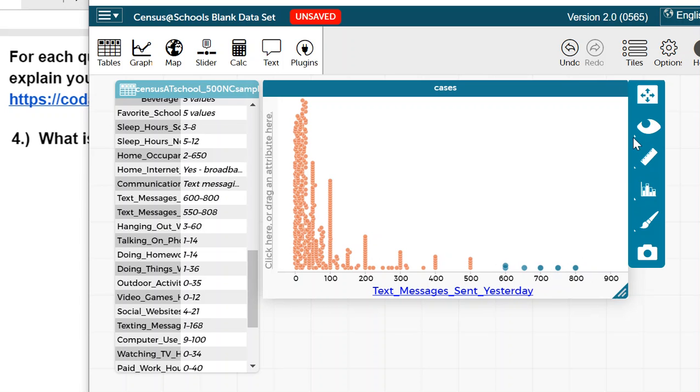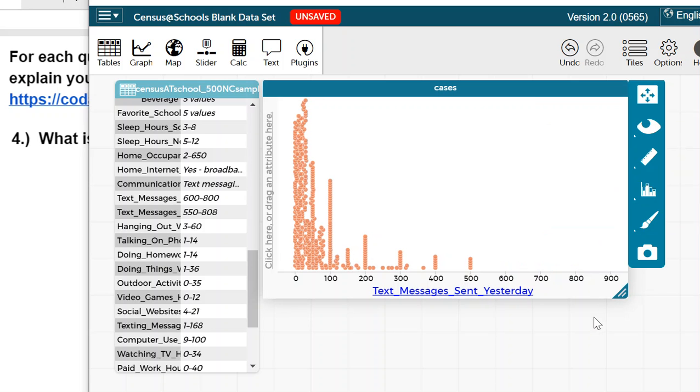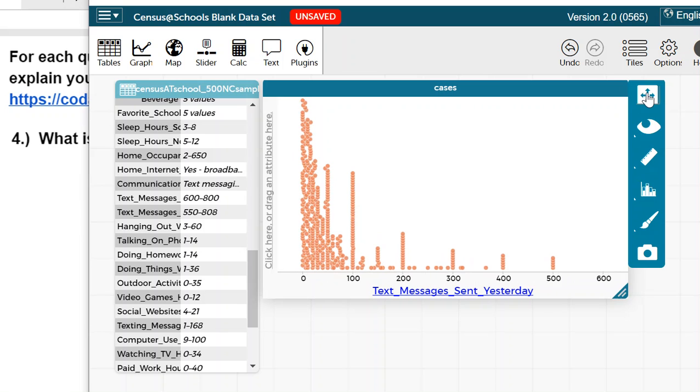Now they're all green. I can go up to the eyeball and I can say hide selected cases, and they're gone. Now I've got this huge wide open gap on my graph, so I'm going to go up here to the box with the arrows, and it's going to say rescale it.